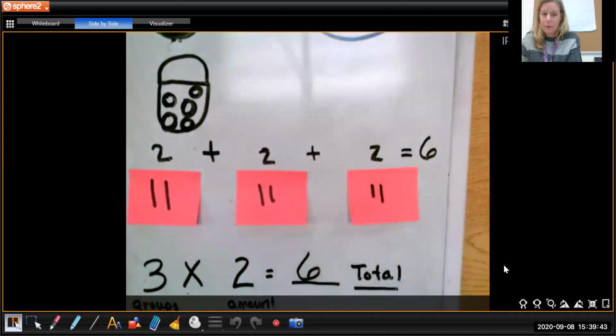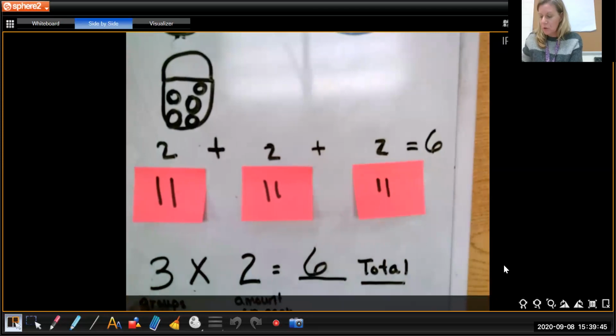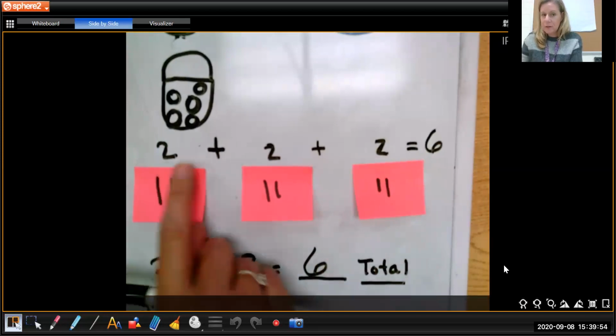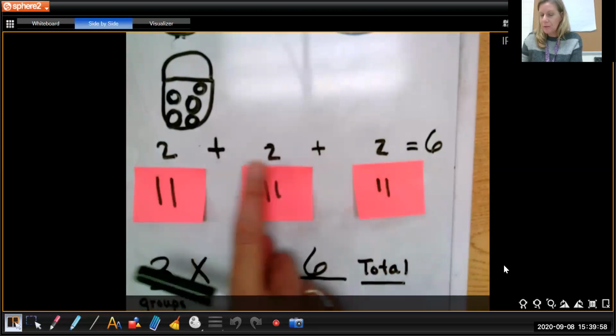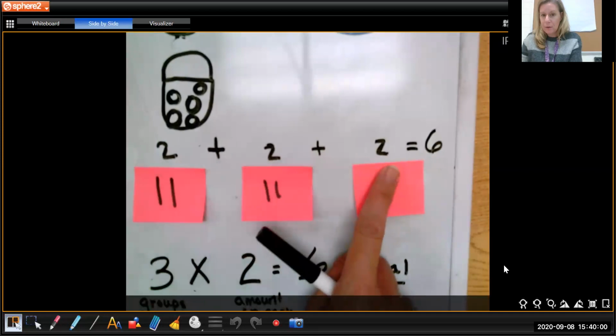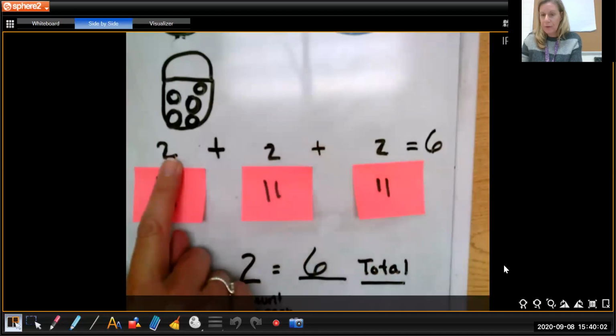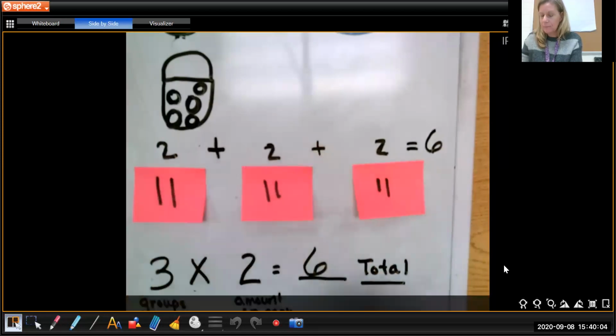And that could be your model. And I want you to show that this model is 3 times 2 equals 6. And then this is called repeated addition, because I'm repeating the same number. So you can add the same number 3 times.